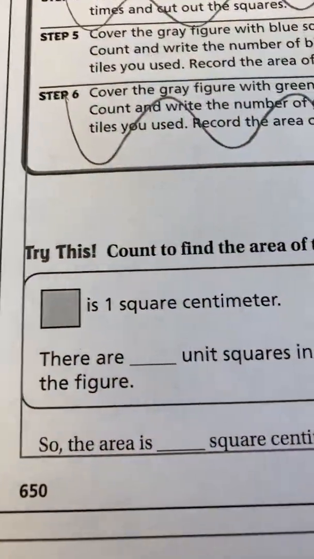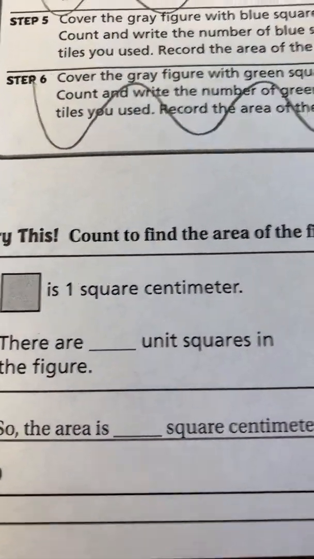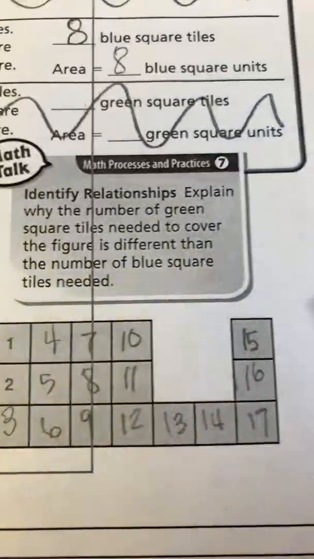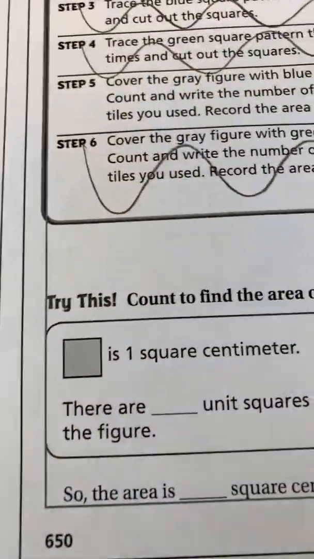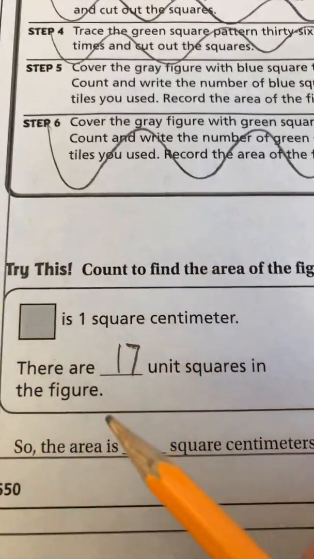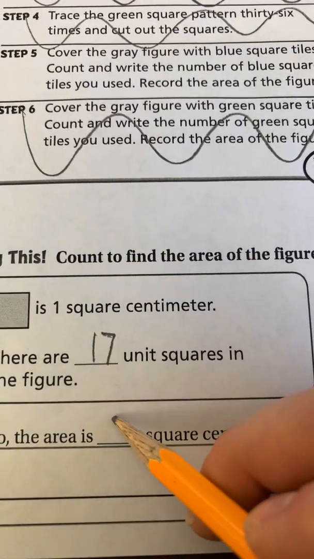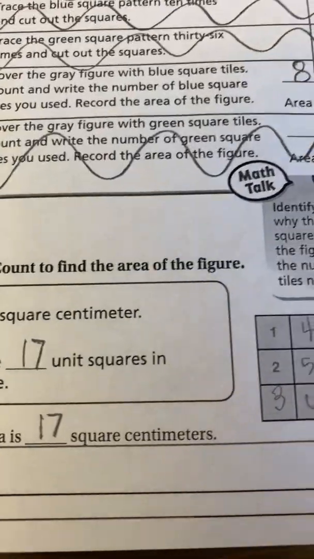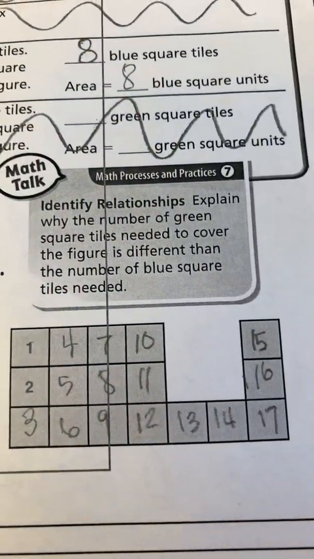Okay, so how many unit squares are in the figure? We counted 17. So there are 17 unit squares in the figure, so the area is 17 square centimeters for this figure.